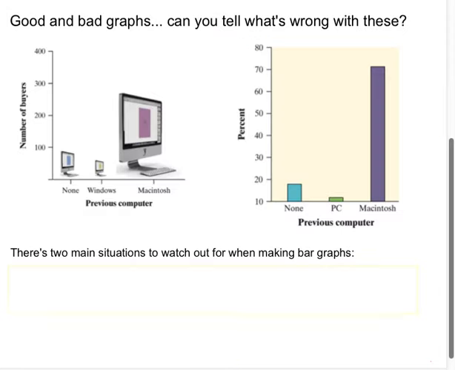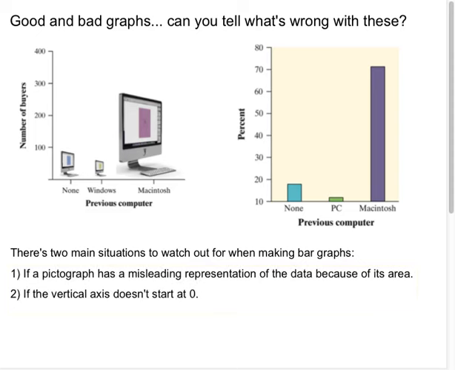So, and finally, good and bad graphs. So we also have to make sure that we know the features that make good graphs and that make bad graphs. So there's a couple things wrong with these. Okay, so first of all, that first one, the picture graph has a misleading representation of the data because of its area.